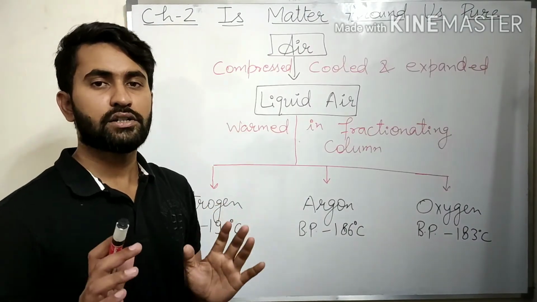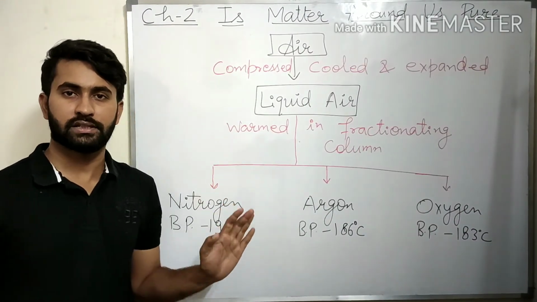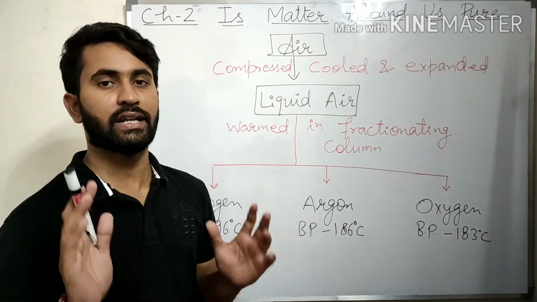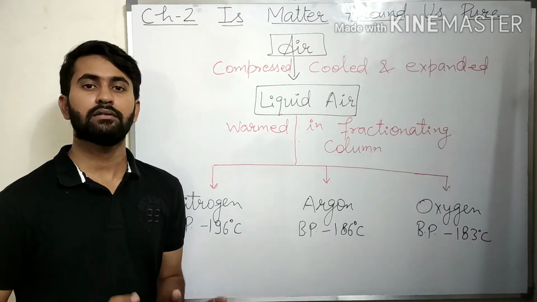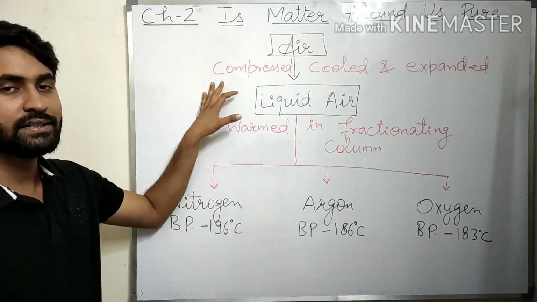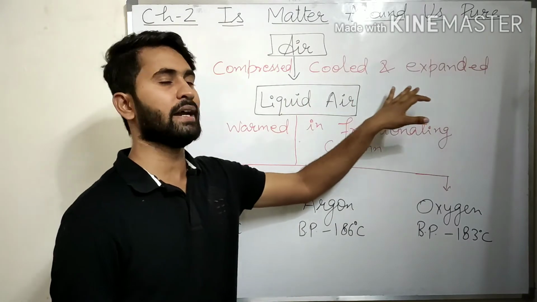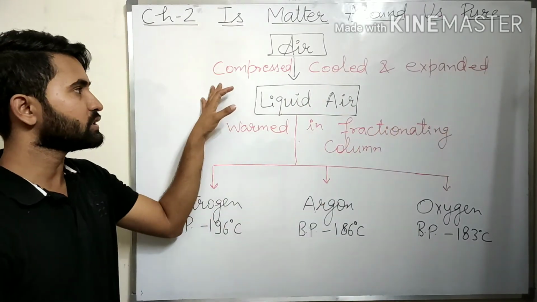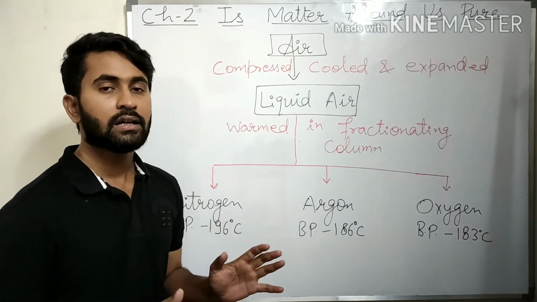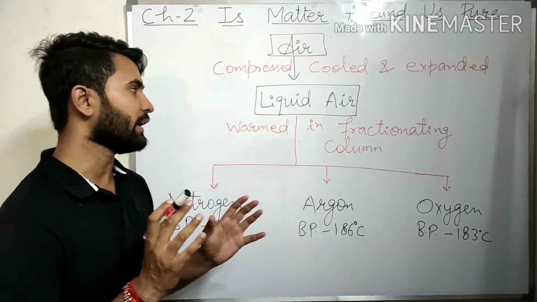This flow chart shows the different processes that are involved in obtaining the different gases from air by fractional distillation. First the air is compressed, cooled and expanded. This process is repeated again and again until the air gets liquefied.